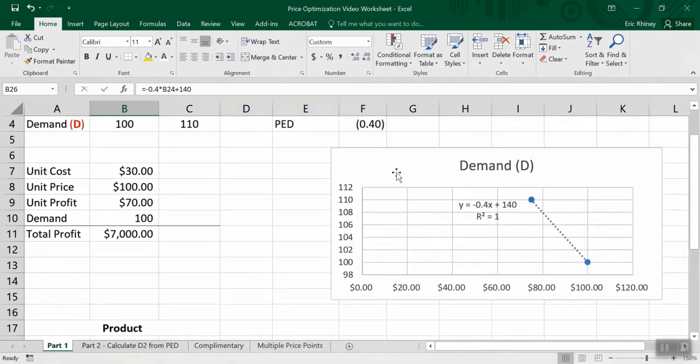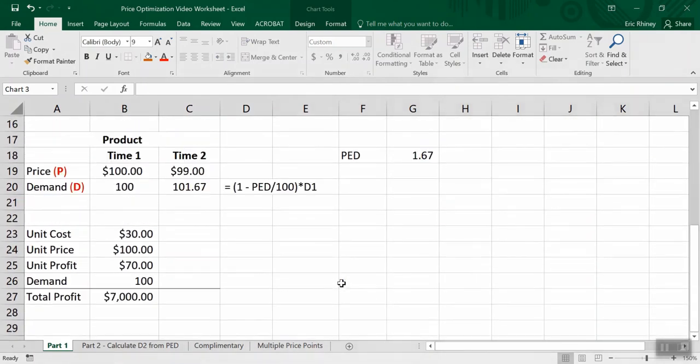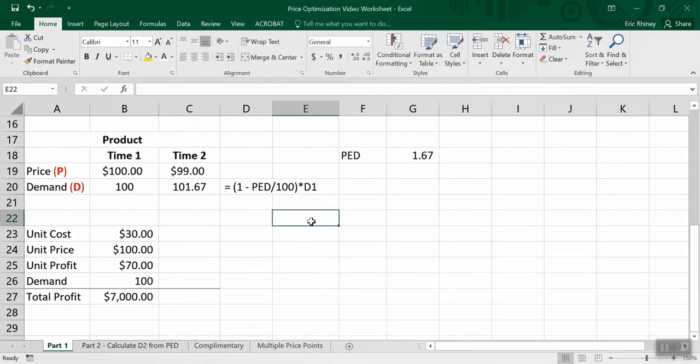Before, what I did is that I actually did a demand line, used that to estimate what the demand curve was. I got the slope, I got the intercept, which I put in here. I'm going to show you a different way that we can actually calculate that. I'm going to put slope here and intercept.